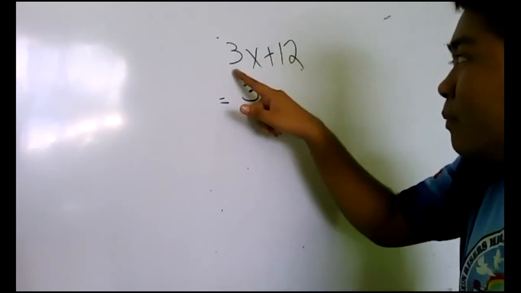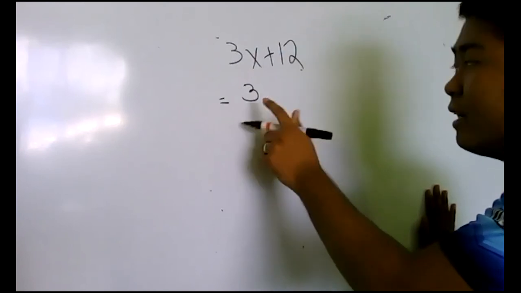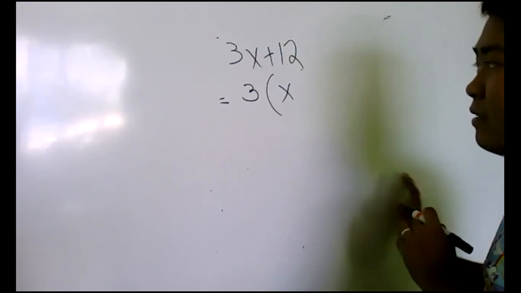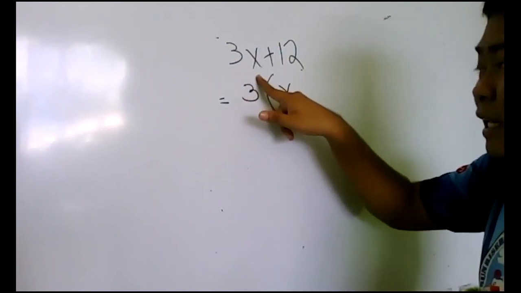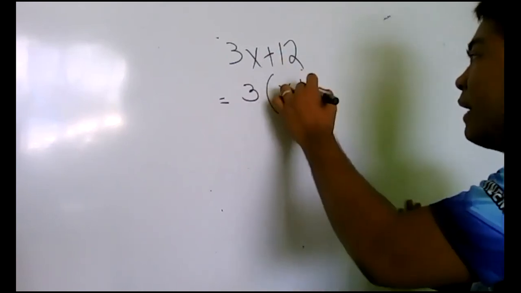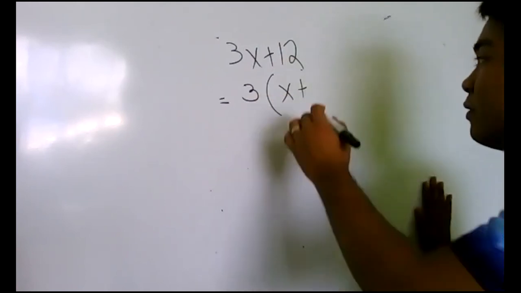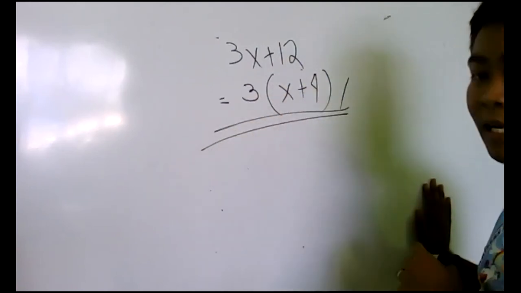So 3 is eliminated, therefore 3x divided by 3 is x na lang kasi tinanggal mo na si 3. How about for the second term? Plus 12 divided by 3, we have 4. Therefore, this is now your final answer.